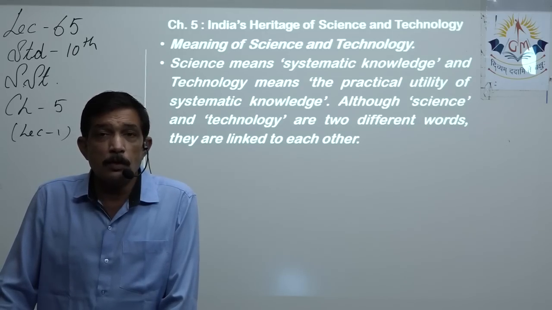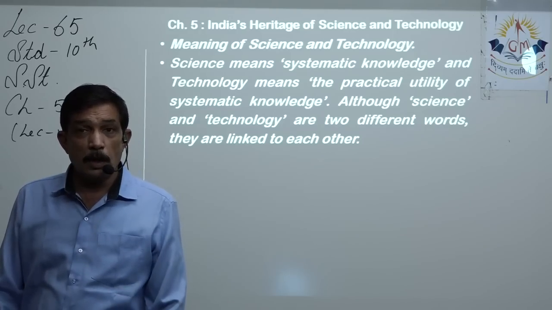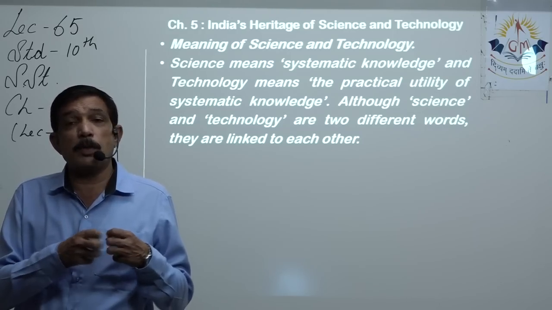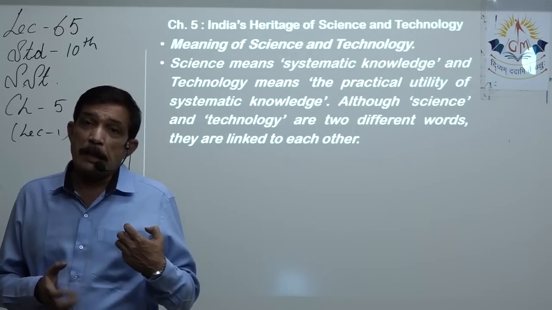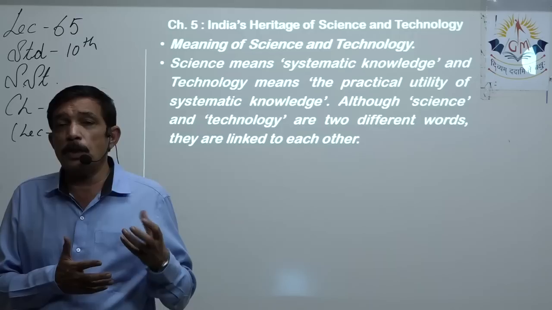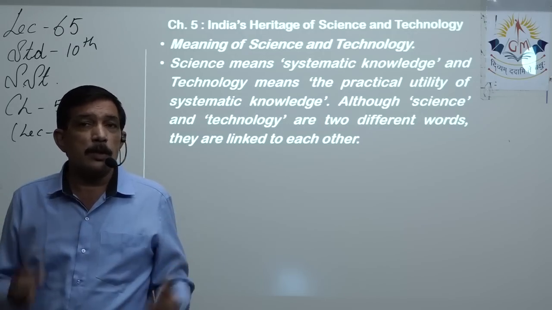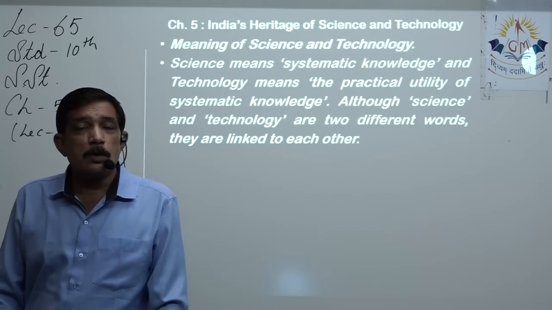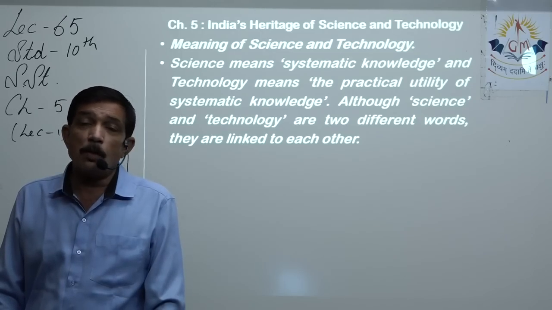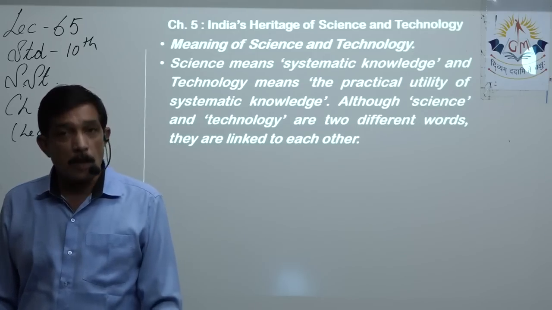For example, we know that opposite poles attract each other, and same poles repulse each other, right? That comes with the help of knowledge, so that is systematic knowledge. Once we know about one magnet, we take another magnet and try to see whether the opposite poles repulse or attract, or the same poles oppose or attract each other.